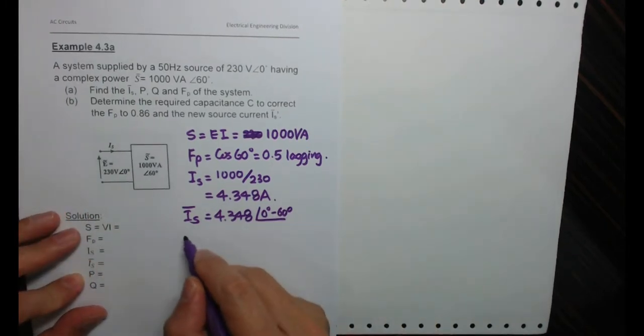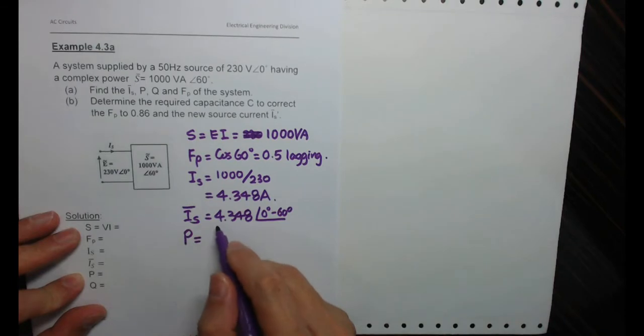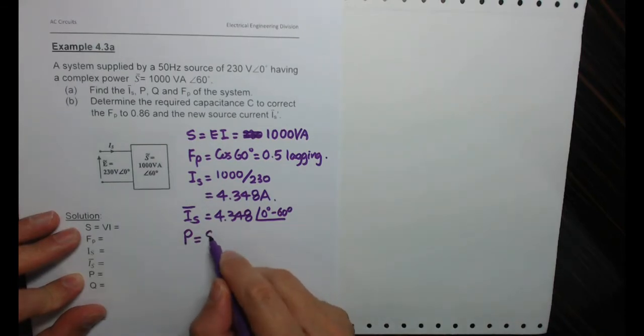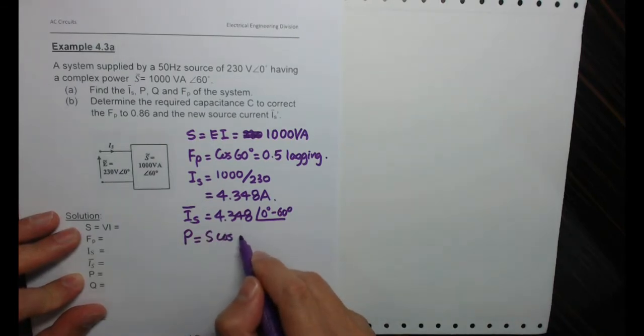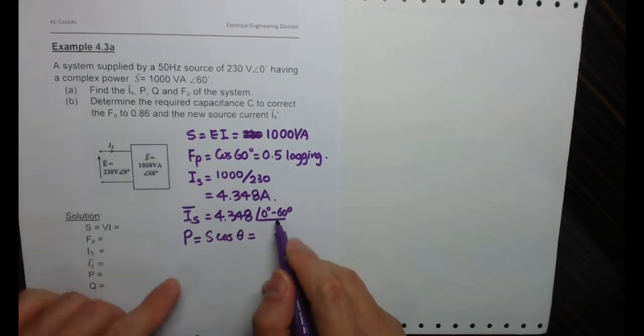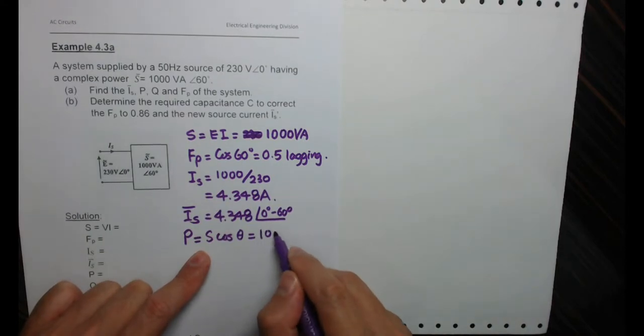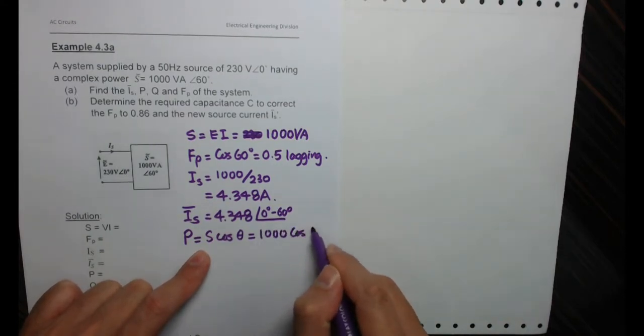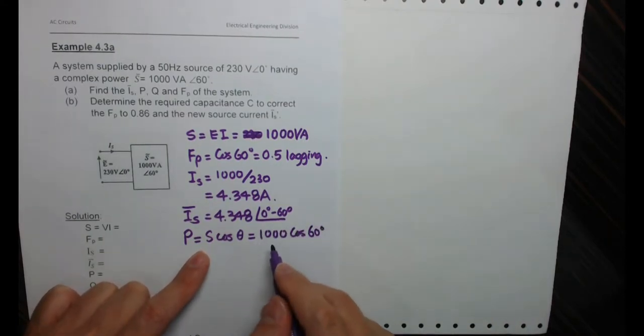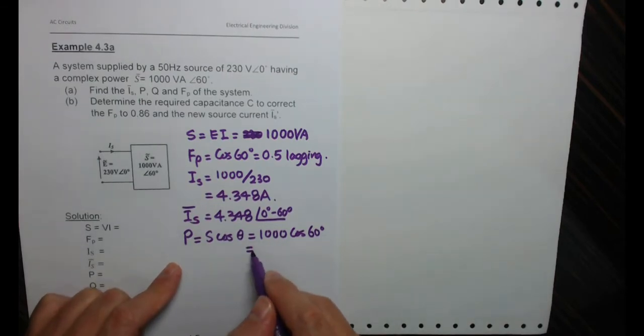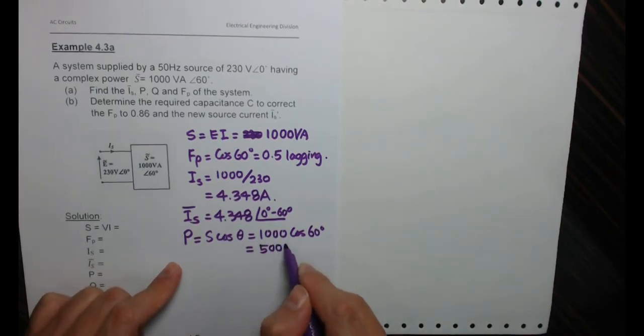The power P is given by S cosine theta, which is 1000 cosine 60 degrees. That gives me 500 watts.